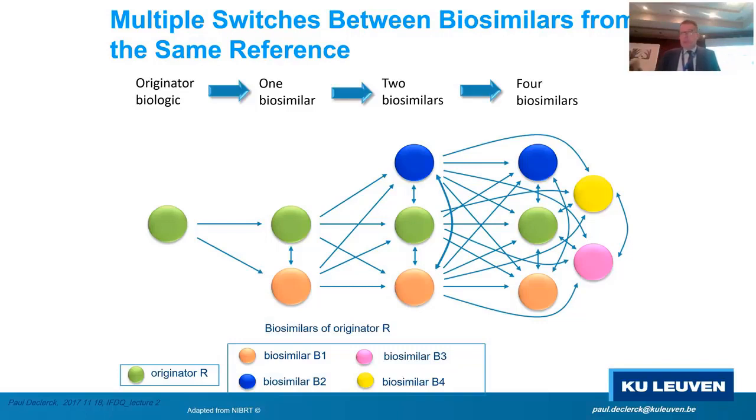So if 6 months after the switch you see an immune response and you have already had 2 switches, then it's very difficult to unambiguously define which product was responsible for the immune response. And maybe it was not the particular product, but maybe it was a switch. So also in terms of pharmacovigilance, traceability and so on, switching on a routine basis is strongly discouraged, I would say.